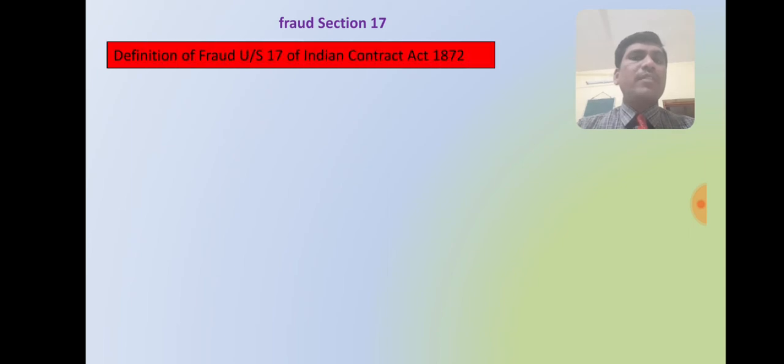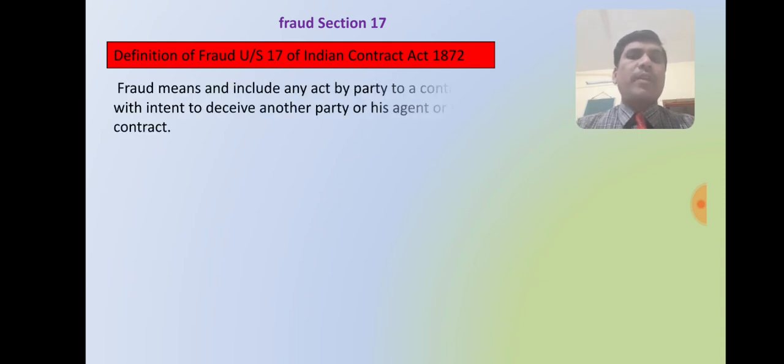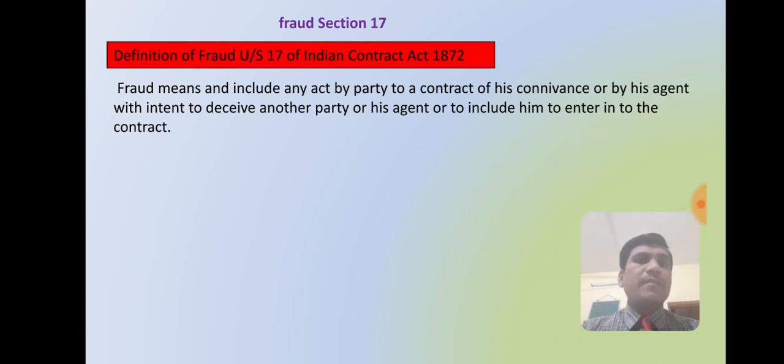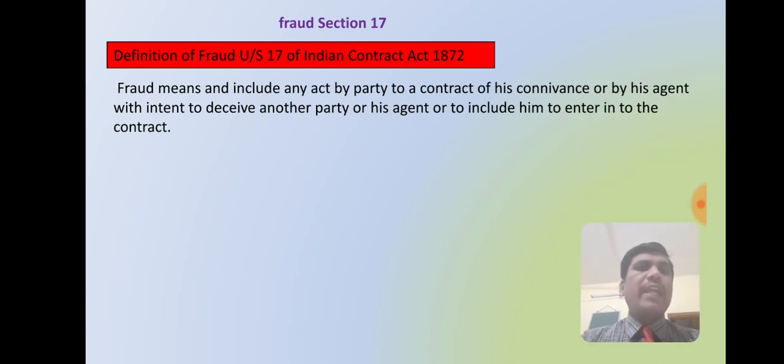Now friends, we will discuss what is meant by fraud under section 17. Fraud means and includes any act committed by a party to a contract, or by his agent, with intent to deceive another party or his agent, or to induce him to enter into a contract.